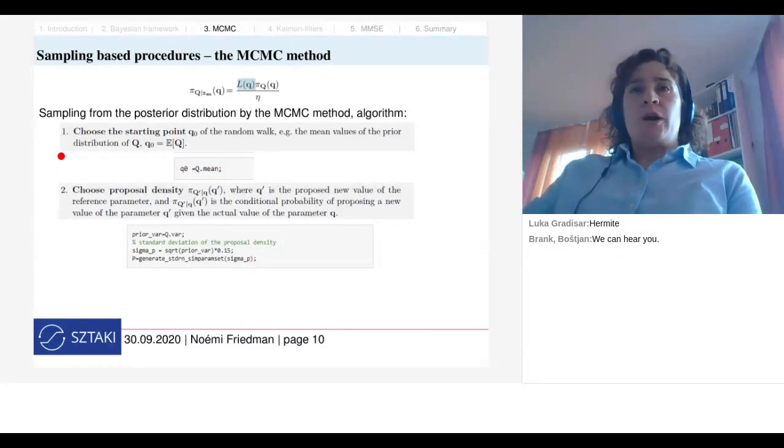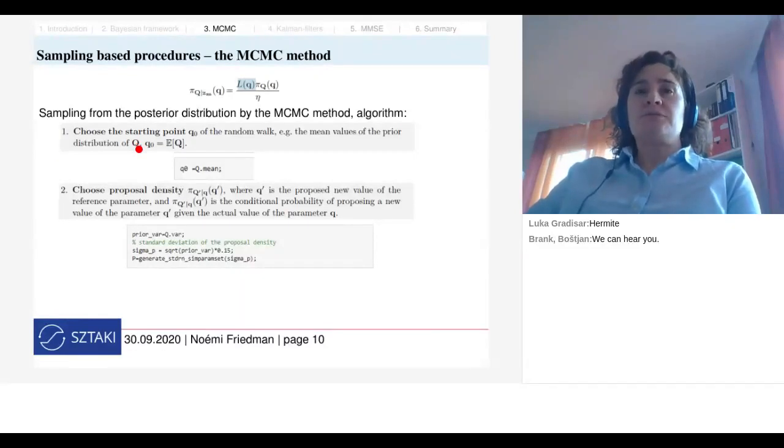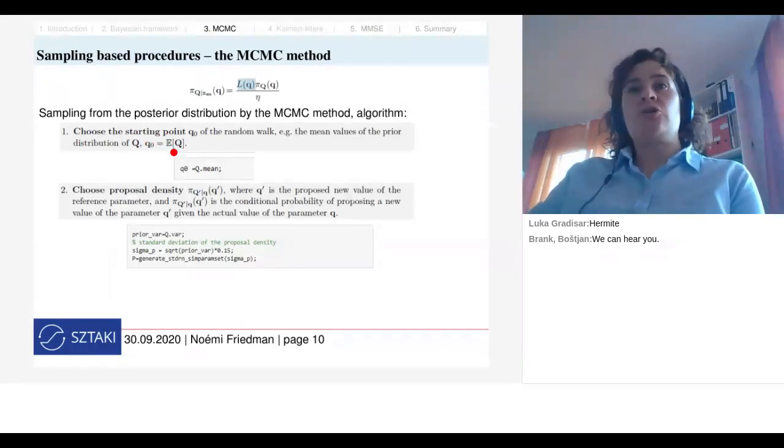So I do a random walk, and I make this random walk in the parametric space. If I have the random field, then Q is a set of random vectors with 11 random variables. Then I make this random walk in the 11-dimensional parametric space. And I need to choose a starting point, which is often the mean value of the prior, but you can also choose a different starting point.